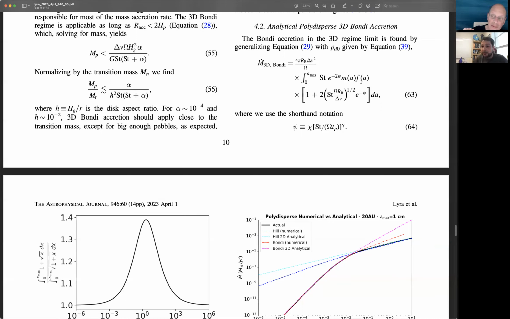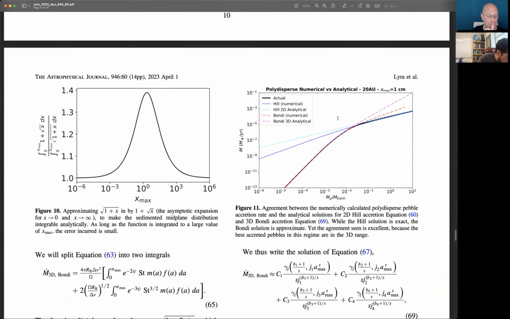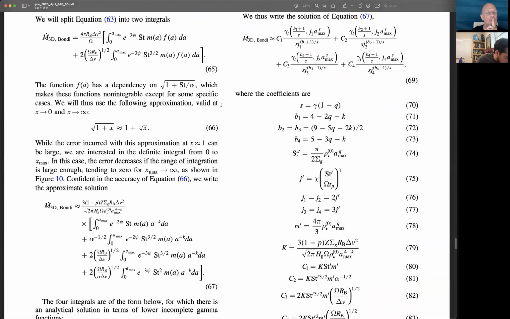It's also a power law, but it has a square root in there. And yeah, so that makes it more complicated to integrate. And this function phi here is a shorthand notation for this equation 64. Don't worry about that.